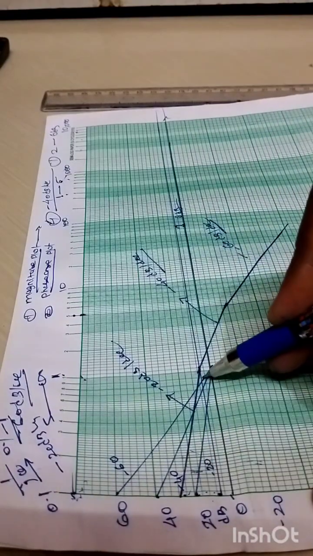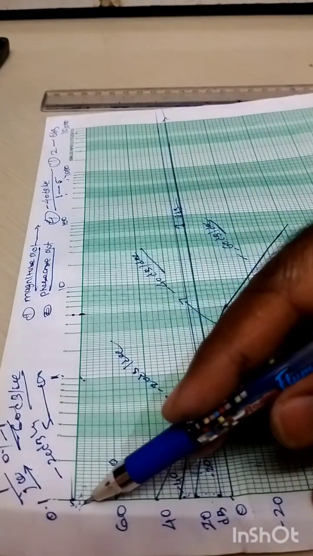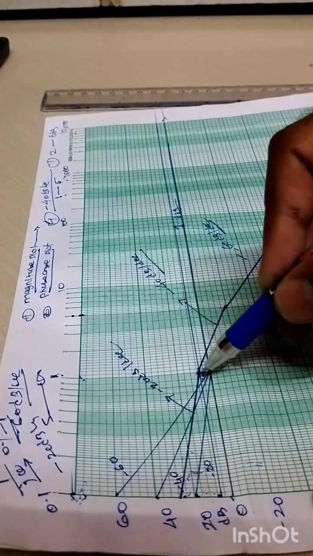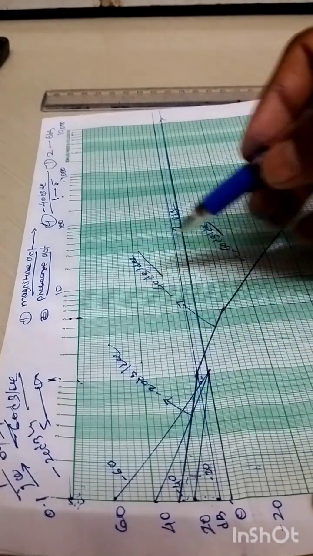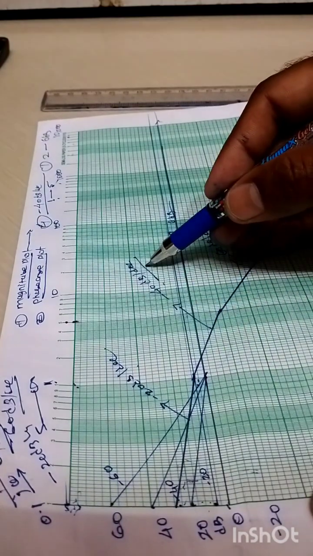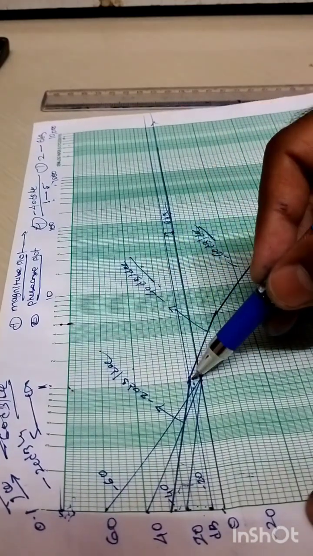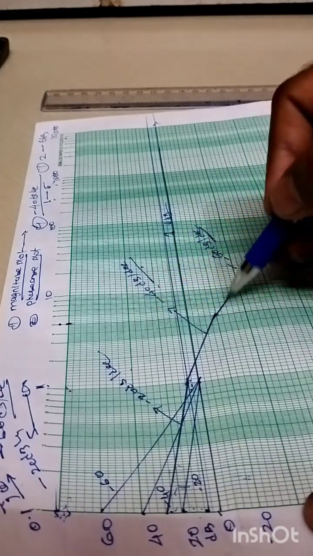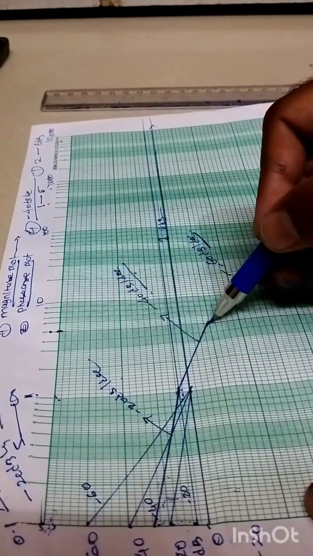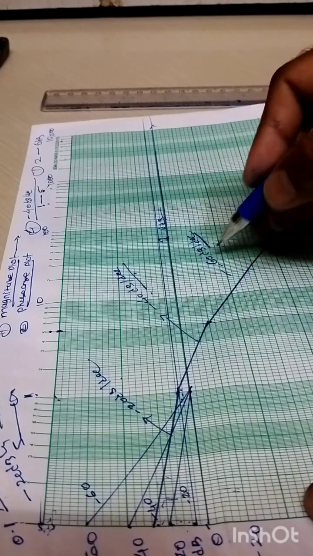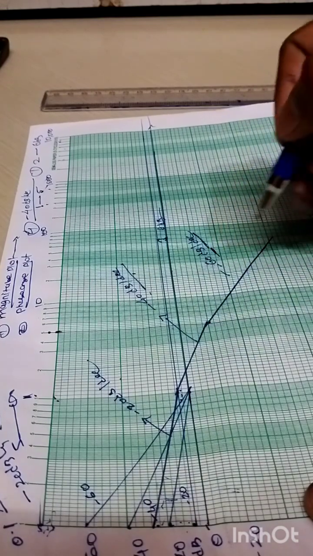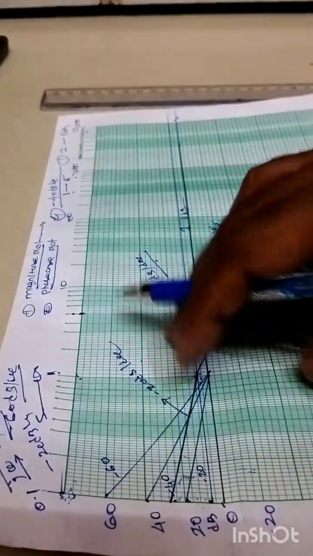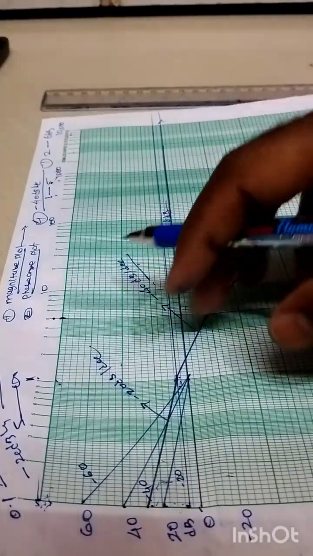So this is the line which starts at this point 0.1, ends at this 1, and whose slope is how much, minus 20 dB per decade. Second factor whose slope is minus 40 dB per decade, starting point is 1, and whose ending point is 5 radian per second. Third one is what, whose starting point is 5 and it ends at this infinity with this slope minus 60 dB per decade, right? So this is all about the magnitude plot, right?